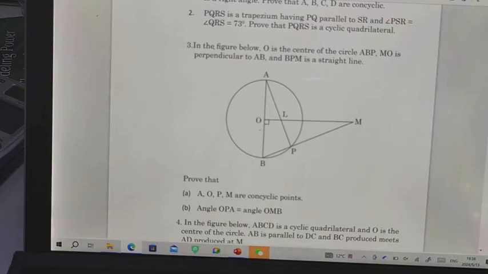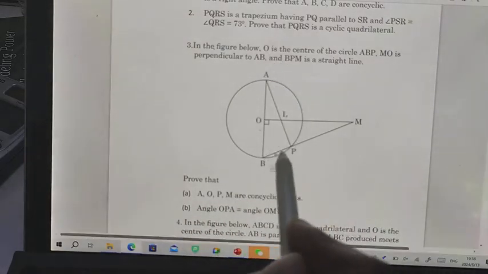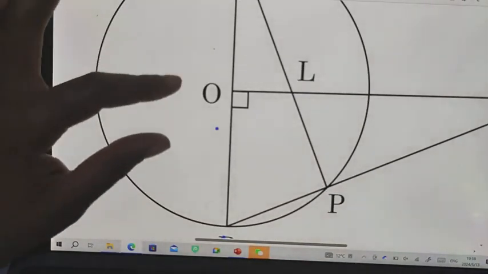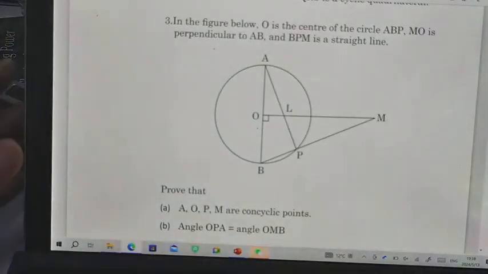AB is the diameter. And BPM is a straight line.